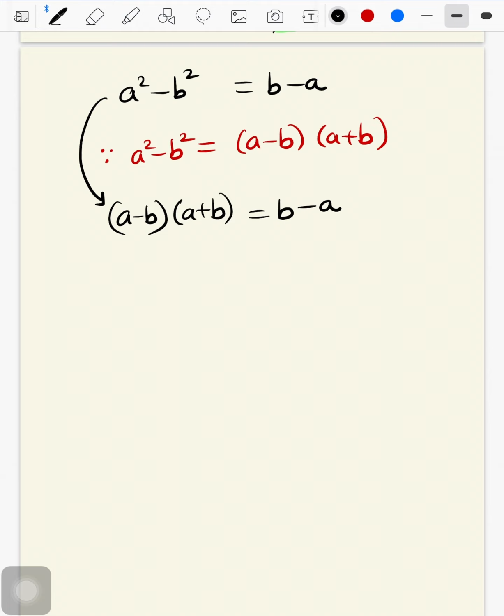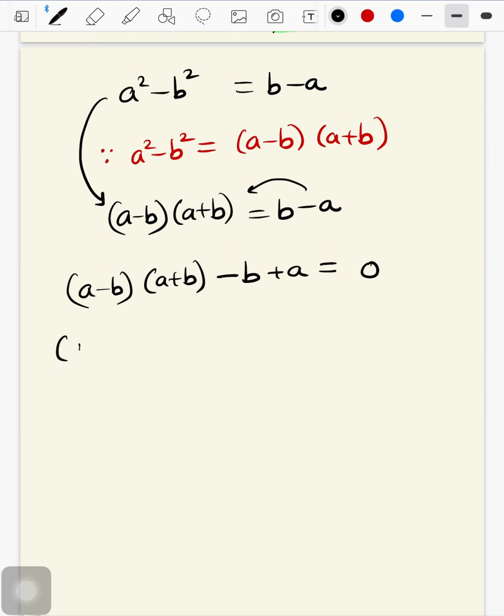Now here two things we can do: we can cancel out b minus a by taking common, or we can see one effect here. For that I am solving in another option, where we shift these terms to the left side. So a minus b into a plus b, b is positive, so on this side it will be negative and a will become positive.